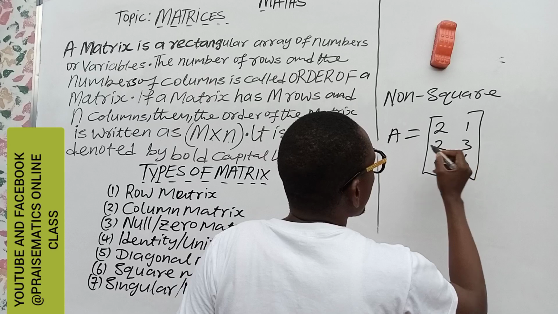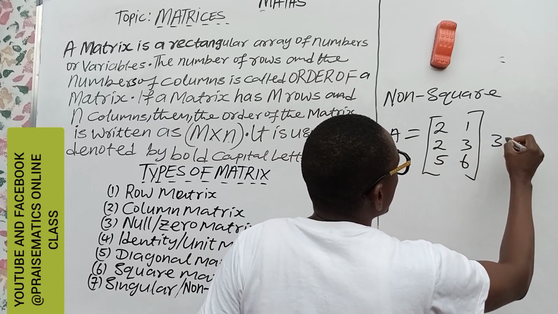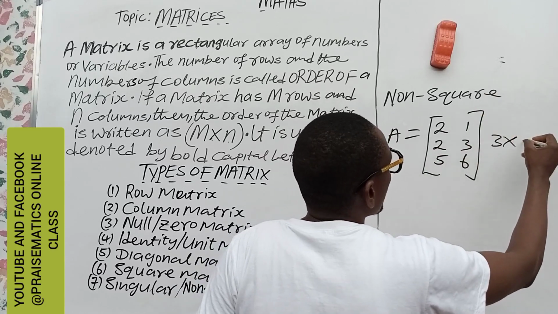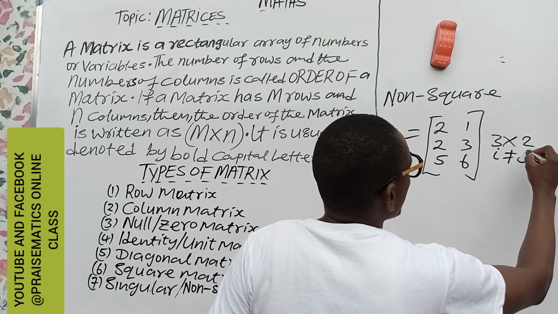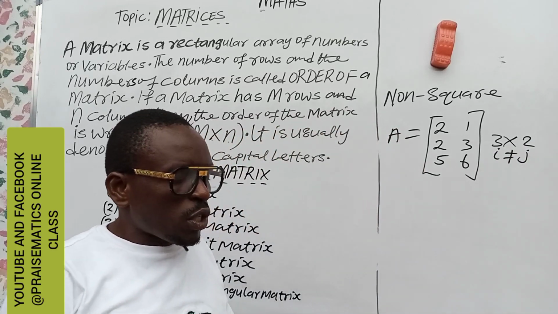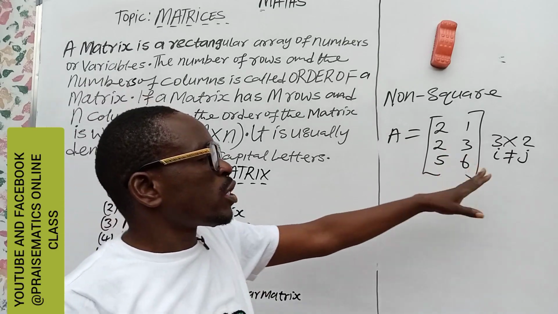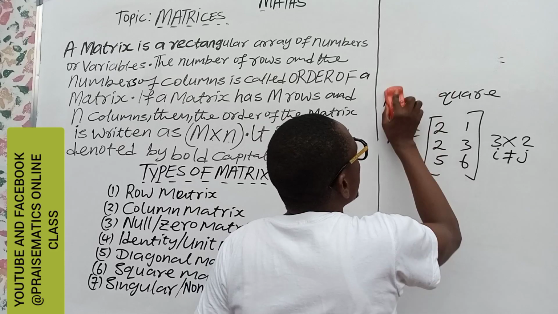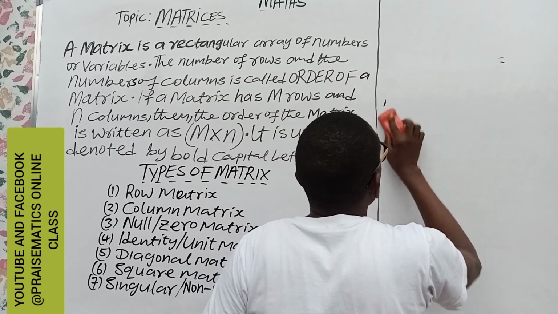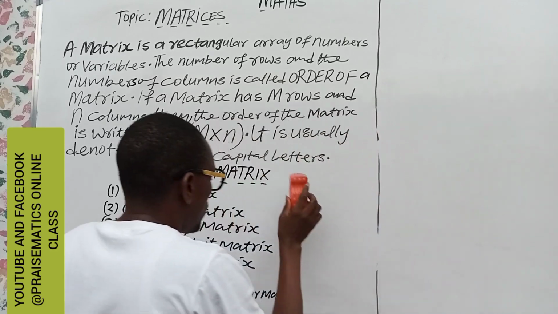Let's read 1, 2, 3. This is 3 by 2. In other words, i is not equal to j. So the type of matrices in which the number of the rows are not equal to the number of the columns are called non-square matrices. Okay, thank you.